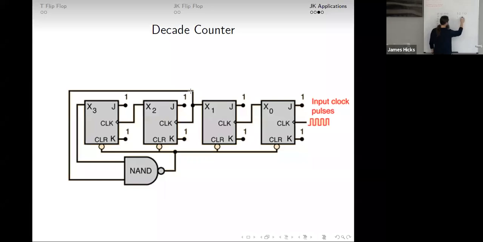So if we NAND these together, it forces the output to 0, back to 1, and clears everyone. So if you want to stop the binary count before you get to 16, you've got to find a way to pick out which one you want to stop at and stop it.